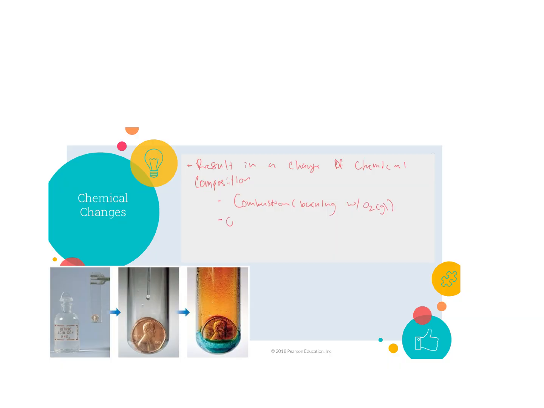You have oxidation, which we will talk about a lot more when we get into redox reactions. You have something like decomposition. All of these are examples of chemical changes, where you have a change in your chemical composition.